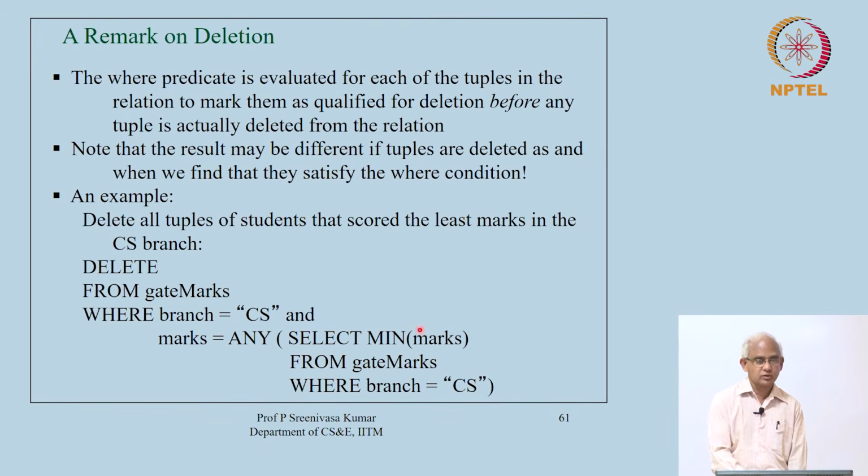So, if the marks equal the minimum marks, then you delete that row. Now, here you can see the danger, right. You can see the danger here very clearly: if you start deleting as and when a tuple satisfies this condition, then what will happen?